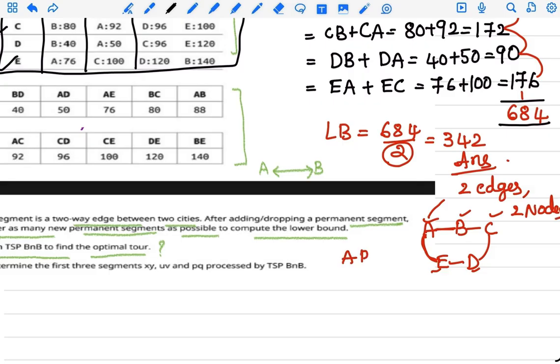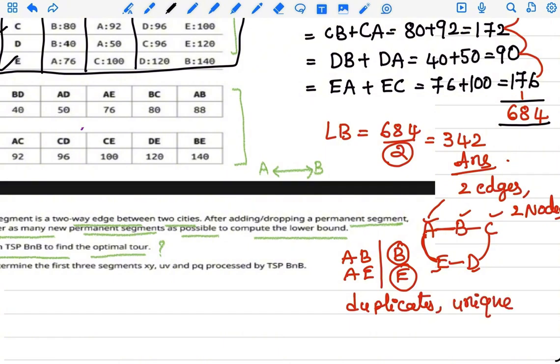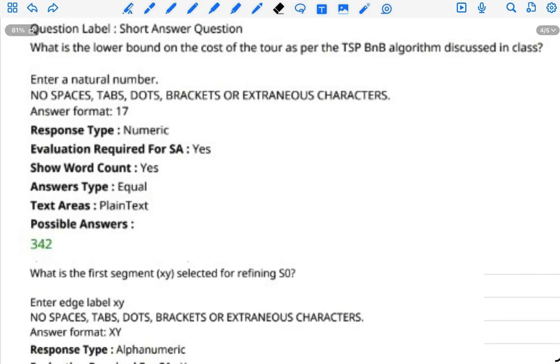AB and AE, so A is connected to only 2 nodes, B and E. Because of that, to avoid the duplicates and get unique edges, we divide by 2.